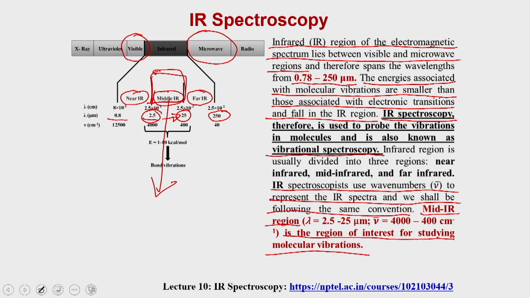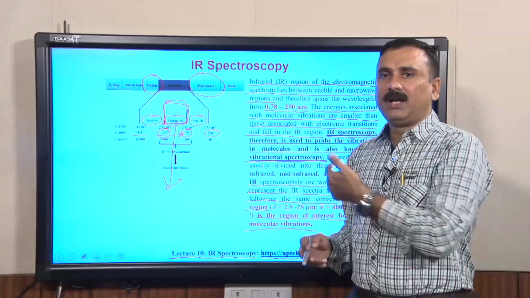Regarding IR spectroscopy, we have lecture 10 on IR spectroscopy, and you can download this lecture from one of our NPTEL courses. If you would like to get the literature material, you can browse through it.